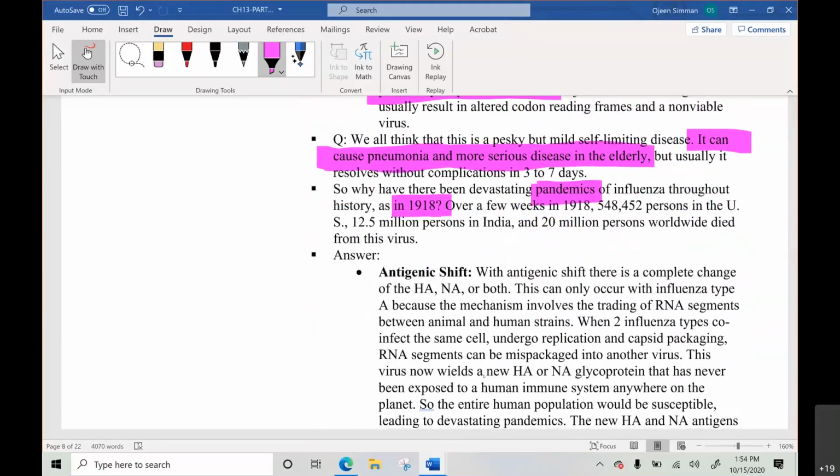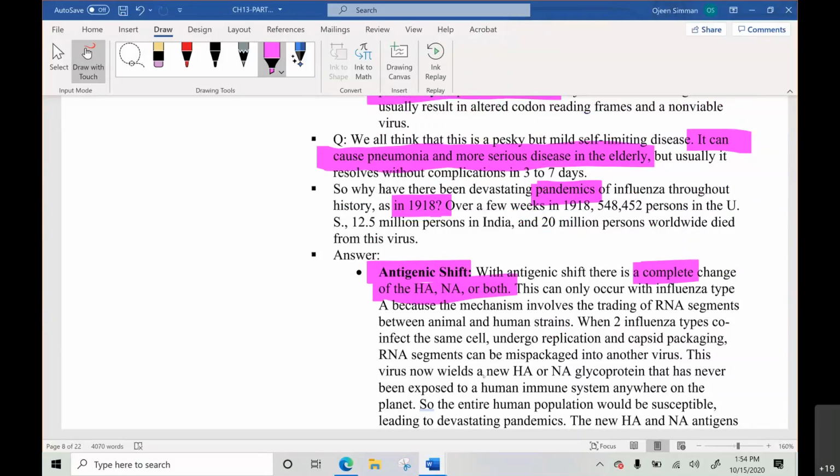That pandemic of 1918 was caused by antigenic shift. Here, what happens is that there is a complete change in the glycoprotein spikes, a complete change.